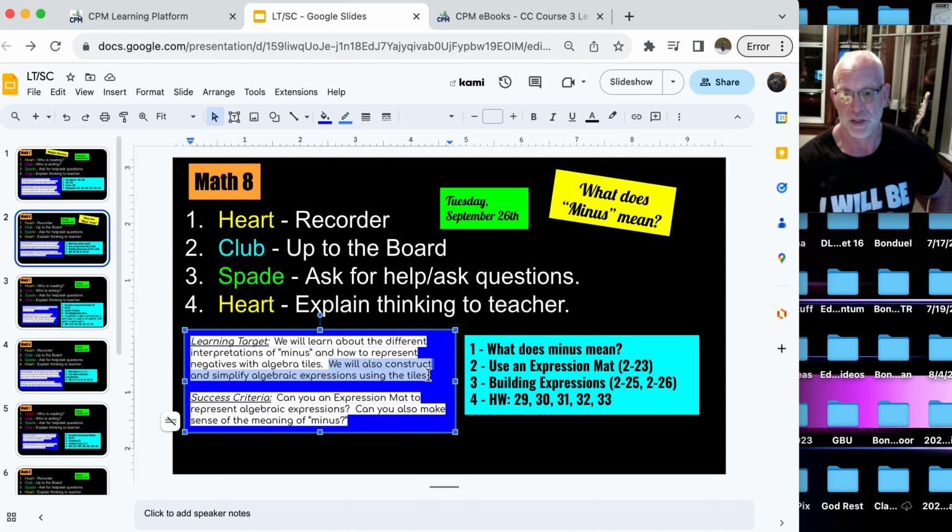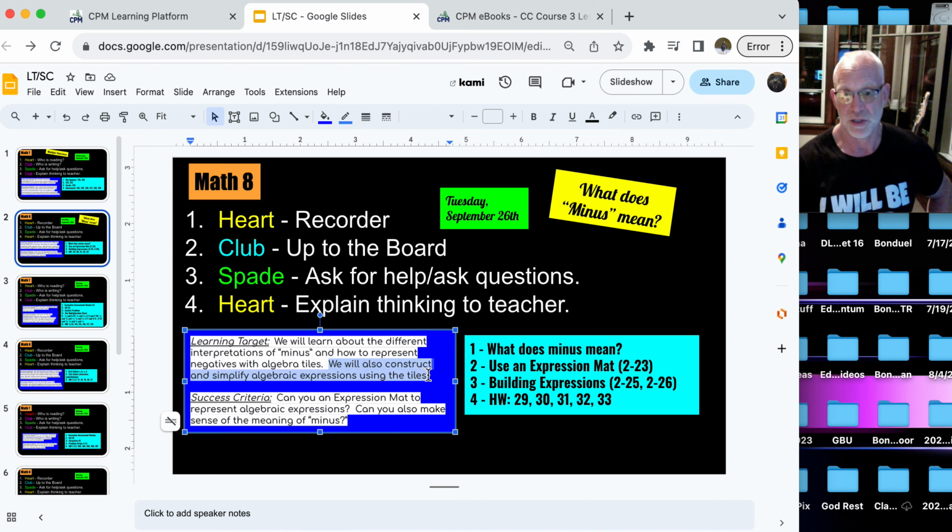Using the expression mat, the value -3 can be shown in several ways, two of which are shown at the right. So we could say, how do you make -3? Well, we could go -3. Okay.